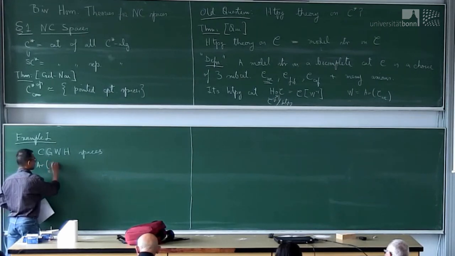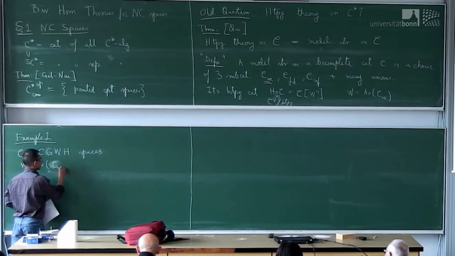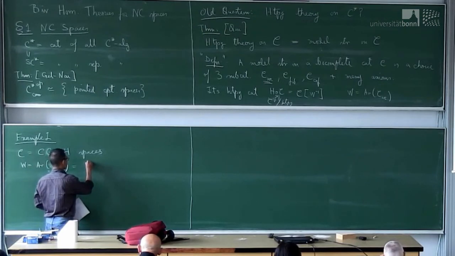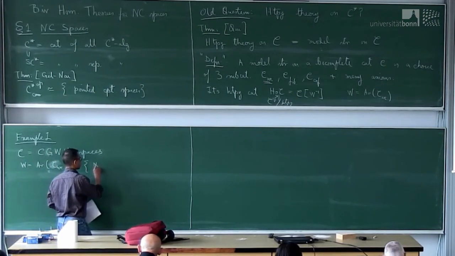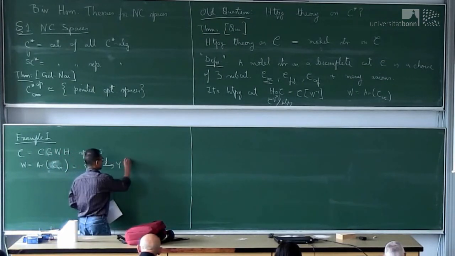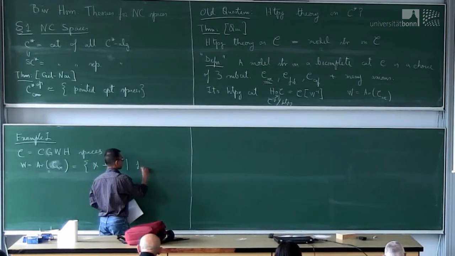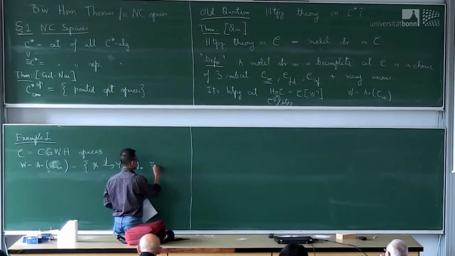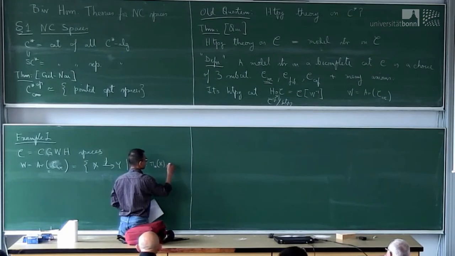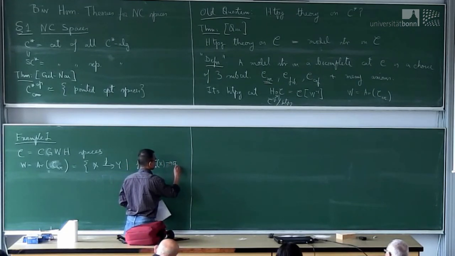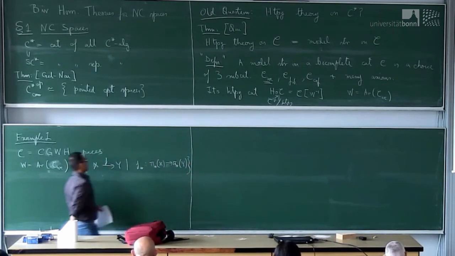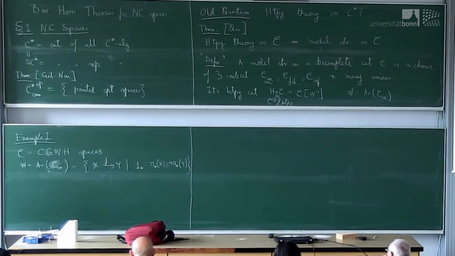So I want to, this is the set of maps which induce isomorphisms on homotopy groups. And the homotopy category of this is precisely called the homotopy category of spaces.